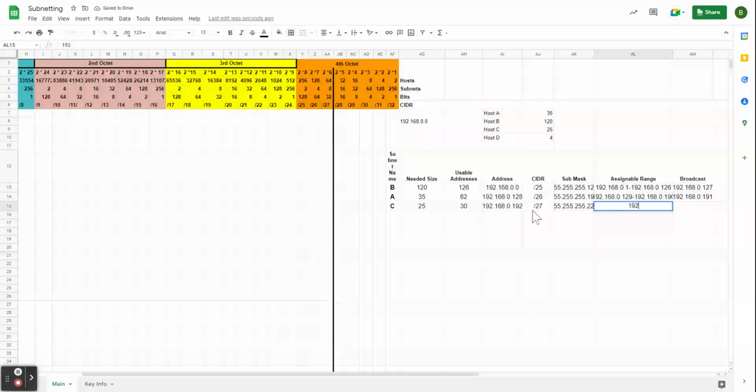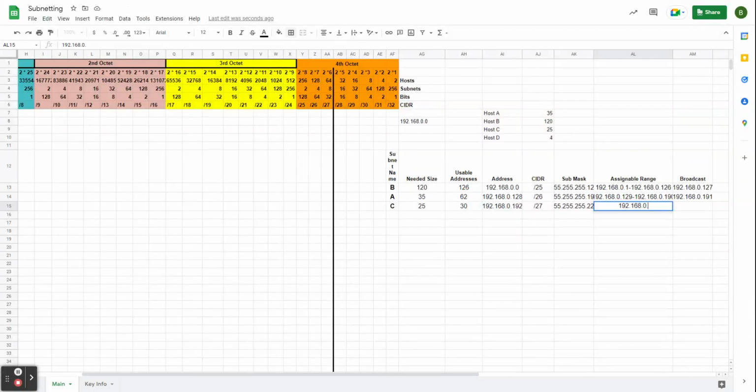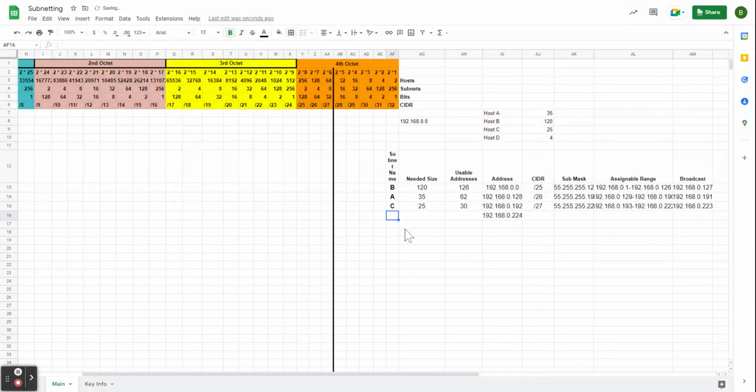Assignable addresses are 192.168.0.193 to 192.168.0.222. The broadcast address of 192.168.0.223. And in this one, the next to the left is going up in 32s from this number here. So again, with that information, I can fill in my next network address, 224. And the last one is host D, which needs 4.